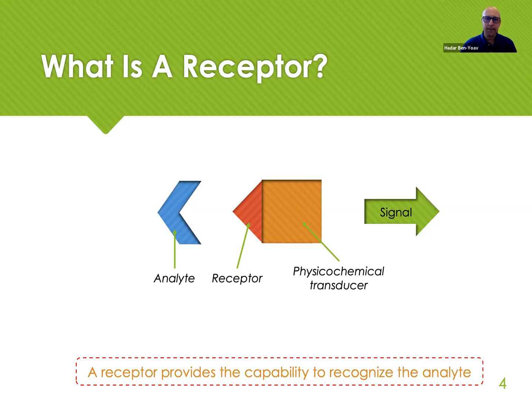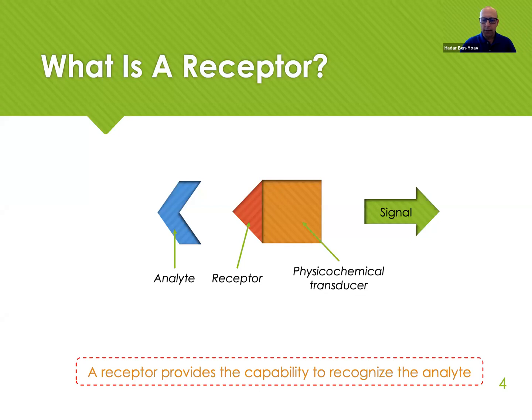The analyte is the actual marker, biomarker or molecule that is related to the disease, and it could be either a protein or DNA or any kind of biochemical molecule that is related to the disease. And the best thing is for it to be as relevant as possible to the disease and not to other diseases in the body.